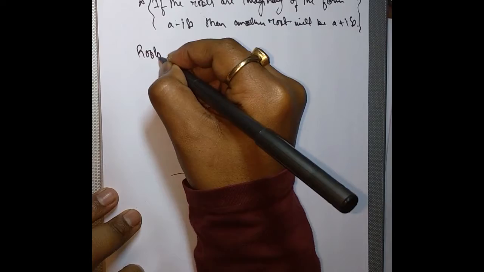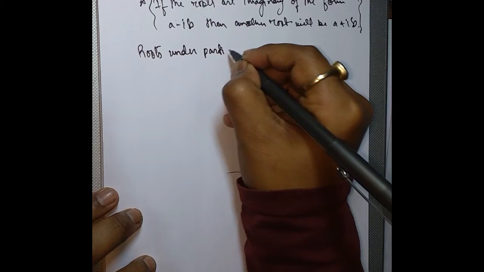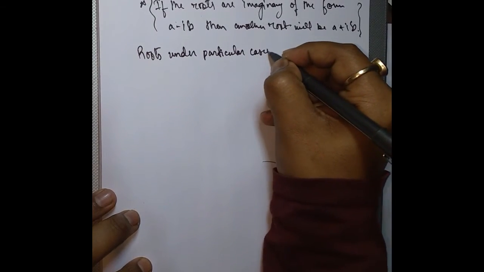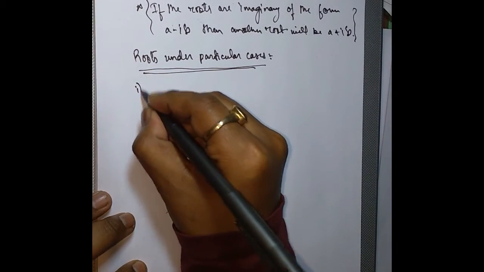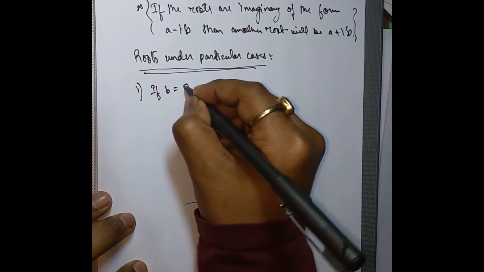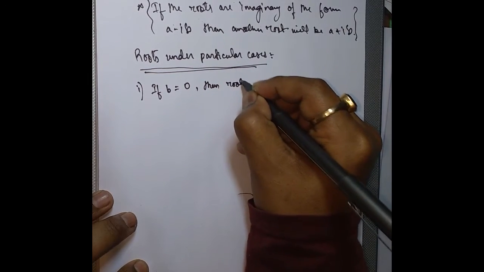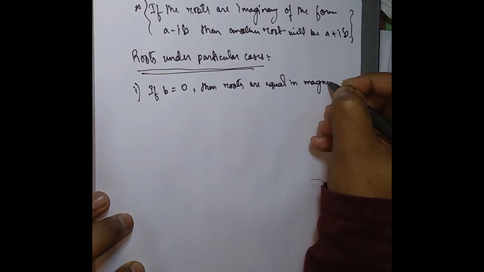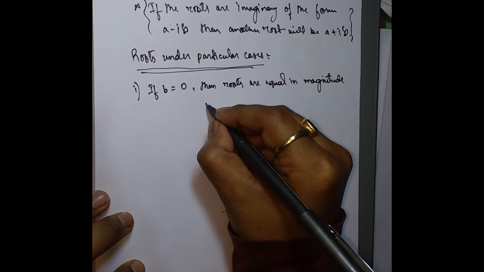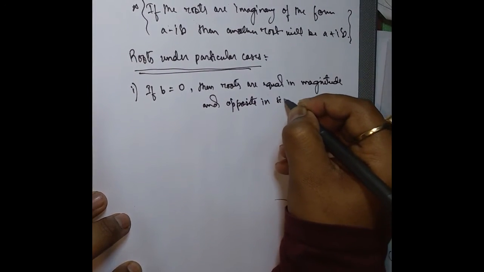Okay, now let's see roots under particular cases. Number 1, if b equal to 0, then the roots are equal in magnitude and opposite in sign.